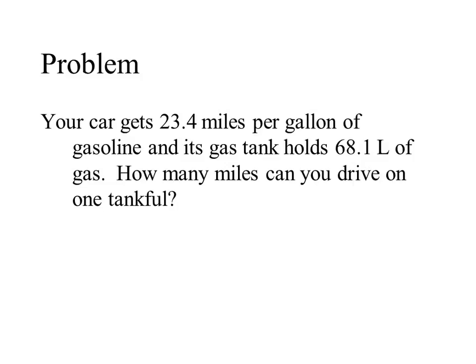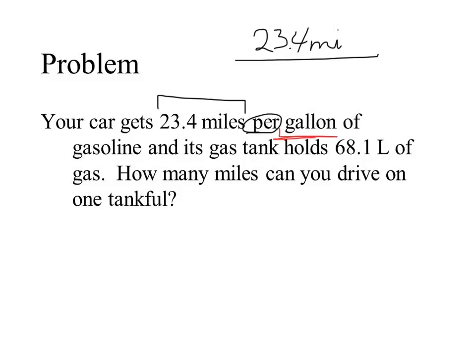I want you to start taking that per and whatever is before it, 23.4 miles, and either making a big divisor like that, which is kind of handy, or just a slash. Now, do you buy that it just says per gallon? Actually that's per 1 gallon inferred. So 23.4 miles per 1 gallon would look like this.